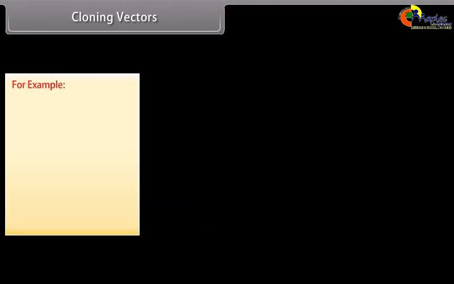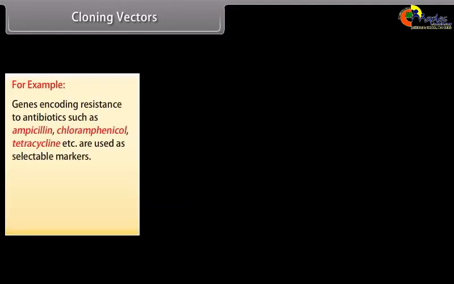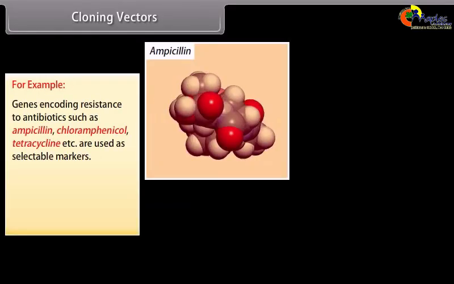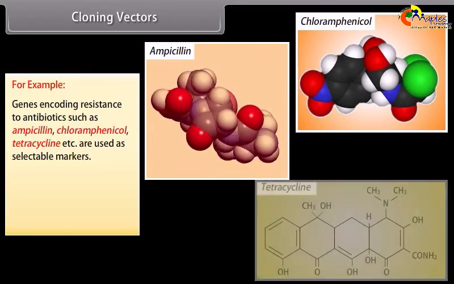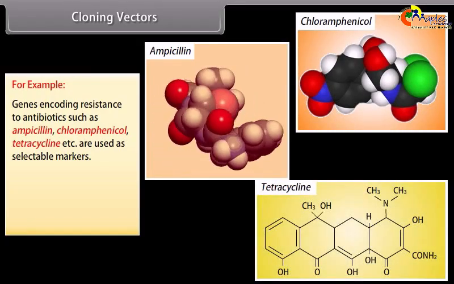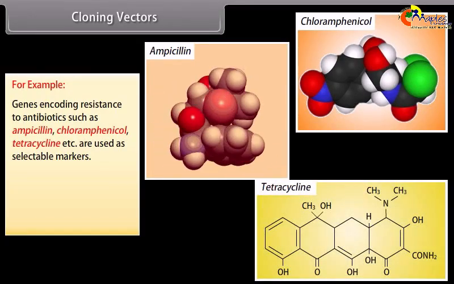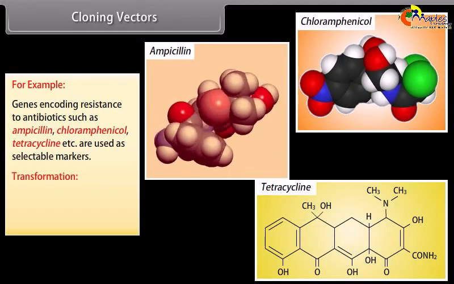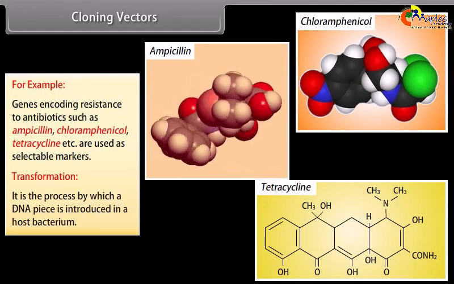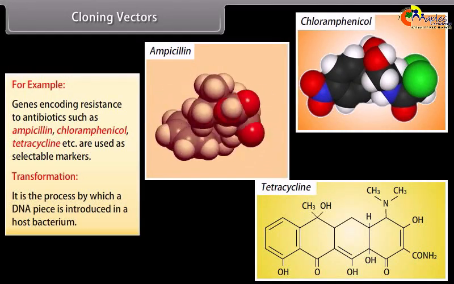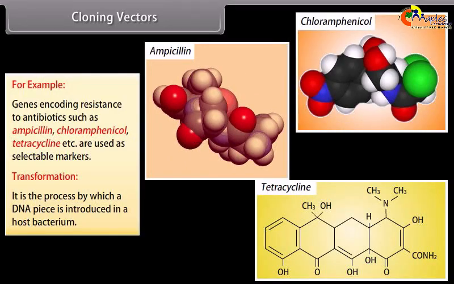For example, genes encoding resistance to antibiotics such as ampicillin, chloramphenicol, tetracycline, etc. are used as selectable markers. Transformation. It is a process by which a DNA piece is introduced in a host bacterium.